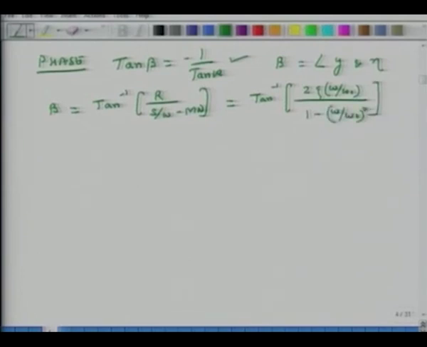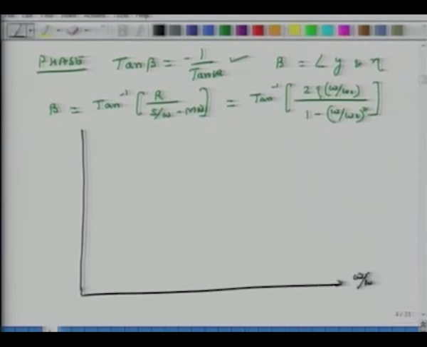So now what I'll do is plot beta as I vary eta for different values of omega. On my horizontal axis I have normalized frequency, and on my vertical axis I have the phase difference between the motion of the rigid mass and the motion of the structure.